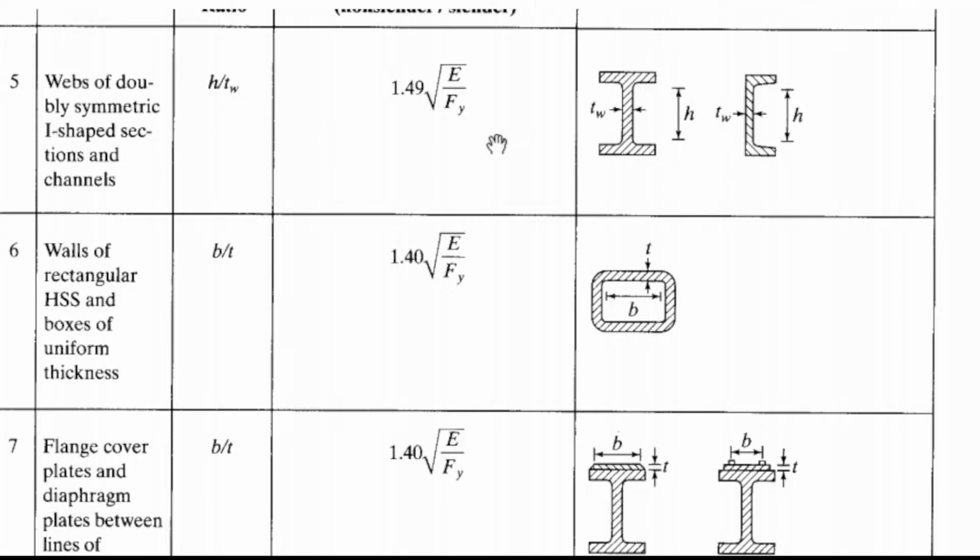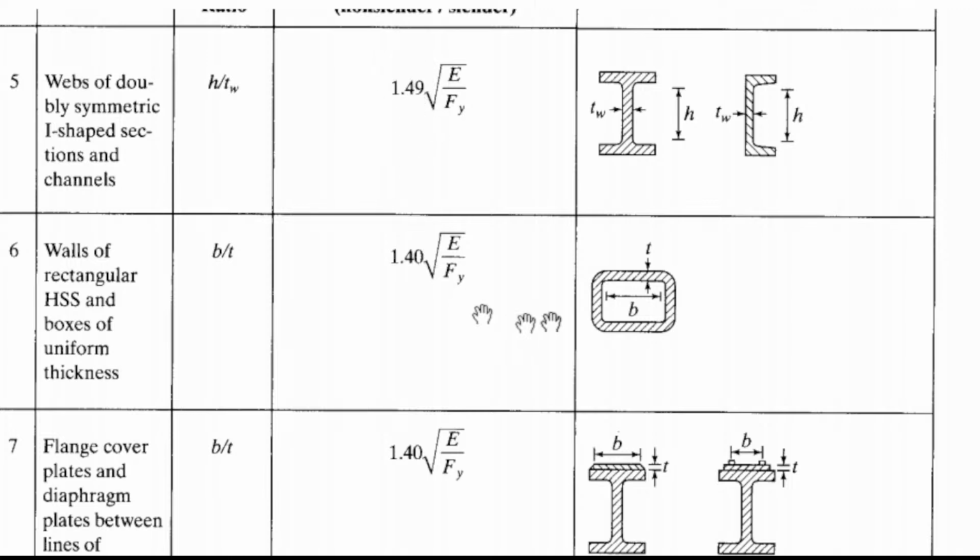So case 5, what is the limiting value? 1.49 square root of E over Fy. So usually it is square root of E over Fy, that is the usual factor, with a numerical factor or coefficient. So there are different numerical coefficients here.